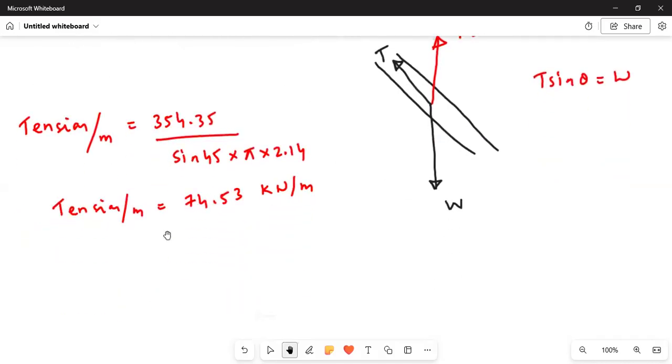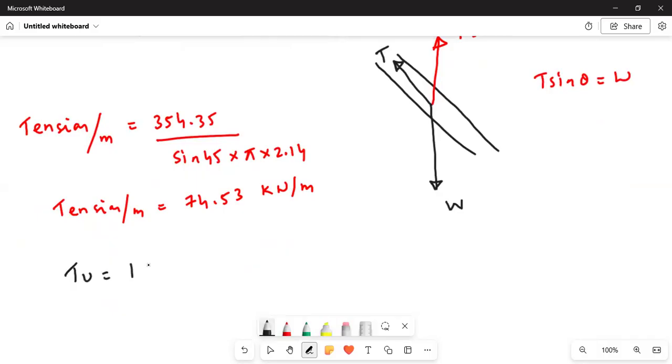Now, from this tension that we have gotten, we need to find the factored load, TU: 1.5 into 74.53. This is coming as 111.80 kilonewton per meter, because we have taken tension per meter.